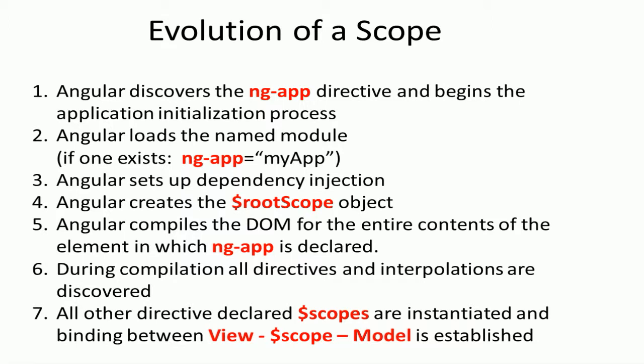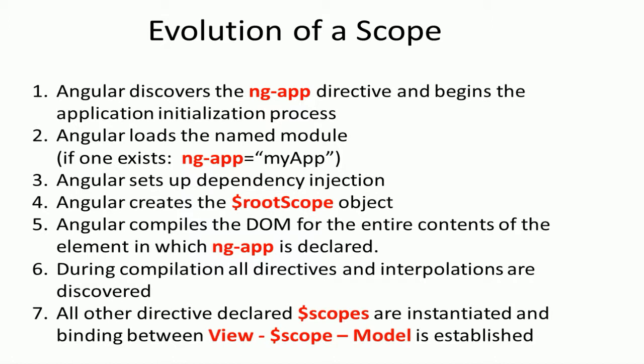So how and when do scopes get created during the application initialization process? Angular discovers the ng-app directive and begins the application initialization process. Angular loads the named module, if one exists, such as ng-app equals myApp.